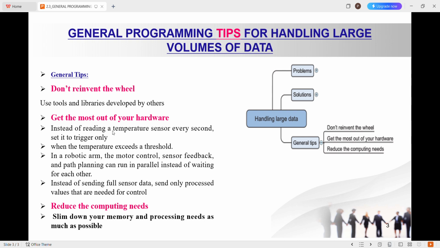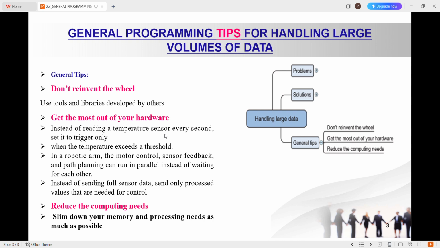Let me take an example like a robotic arm controller, in which I want to read the data from a temperature sensor. It is not required that I read the data every second. Instead, you just trigger it, so the data is read only when the temperature exceeds a threshold.